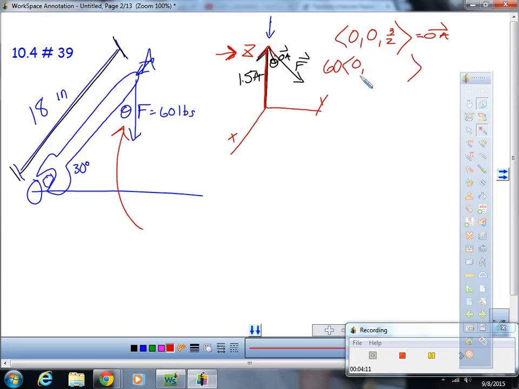All right, now let's think about this. We are used to it being cosine, sine. But if we look, let me go back to this original. If I look at this, this is 30. So if I divided this up into my trig, this would be 1.5 times cosine of 30, and this right here would be 1.5 times sine of 30. Well, we don't want 30. We want it in terms of theta.